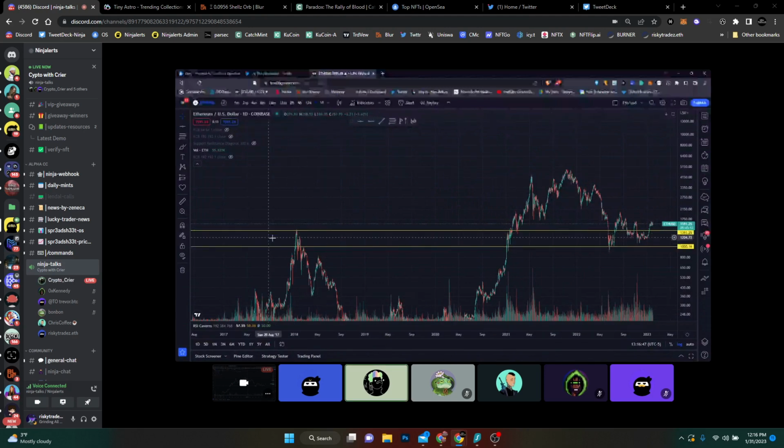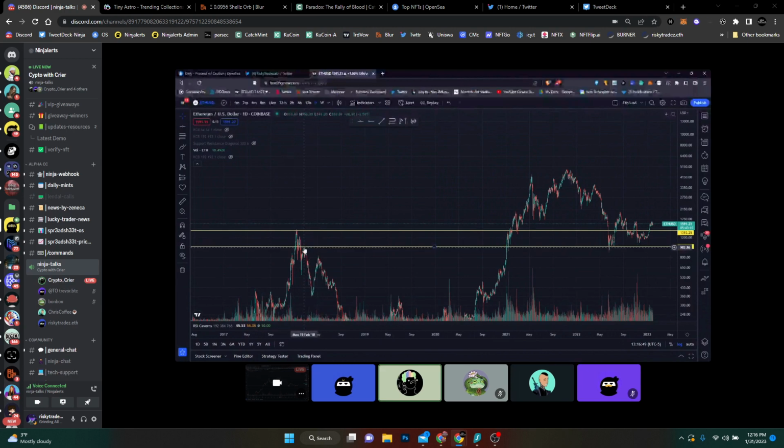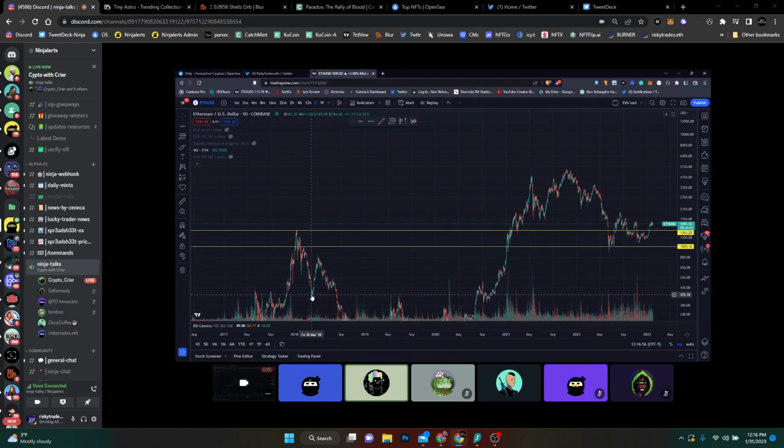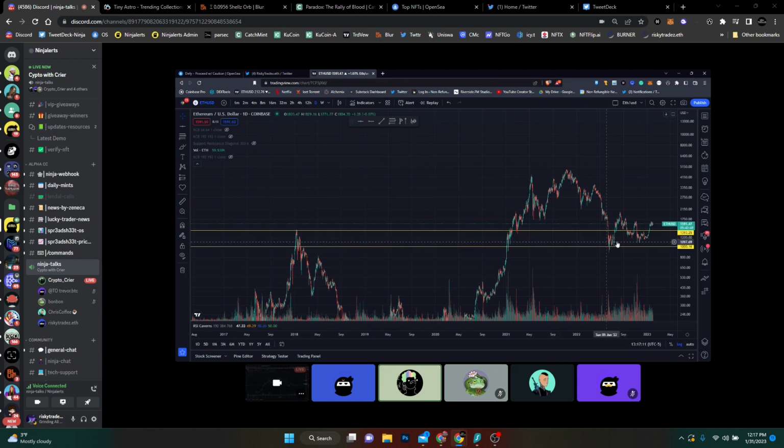We can already see that we're in this range since the dead cat bounce, which is when something goes all the way down, everyone thinks it's going to survive and come back, and they call it a dead cat bounce, with this really low volume. But you see this is the first little one that happened, a knee-jerk reaction, and we get some volume back up. So we've been trading in this range pretty much since June. We hit this low, and all the volume is in this little area.